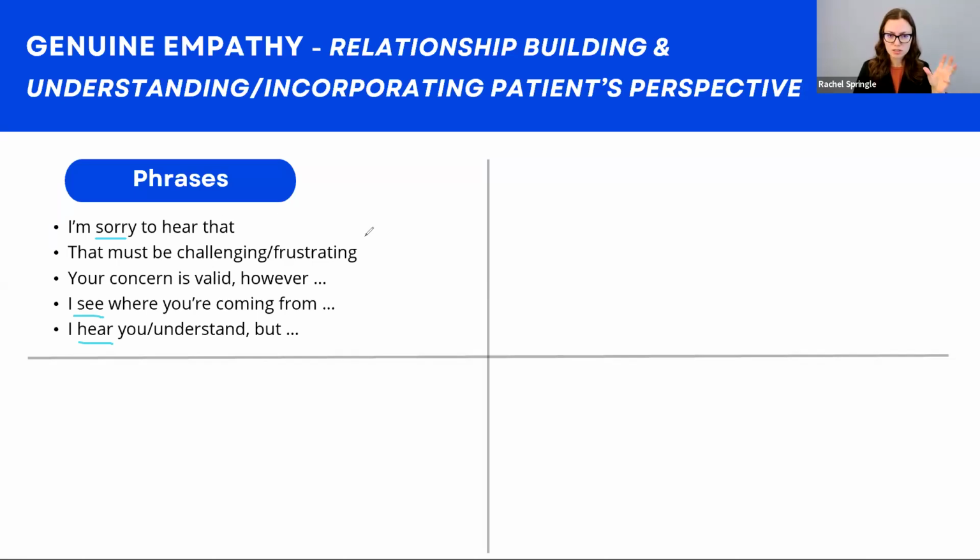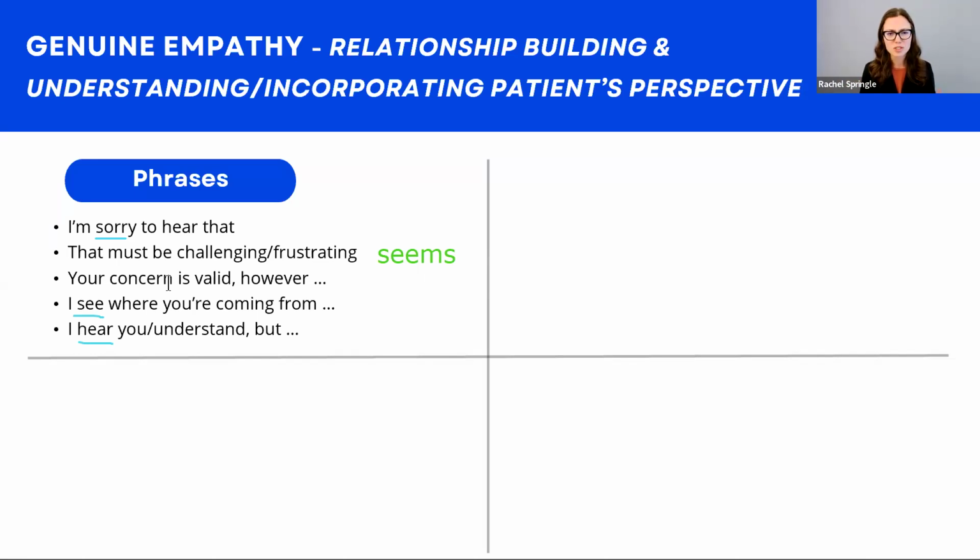In terms of situations where there are things that are complicated or challenging or frustrating, you can actually comment on that. That must be challenging, or that seems, which is another word that I don't have there, but it's a good one that I will just pop on my screen. That seems challenging or frustrating. When you get to concerns, you'll notice your patient, depending on the scenario, might have a lot of concerns, especially a parent-child situation, which we will look at shortly together.